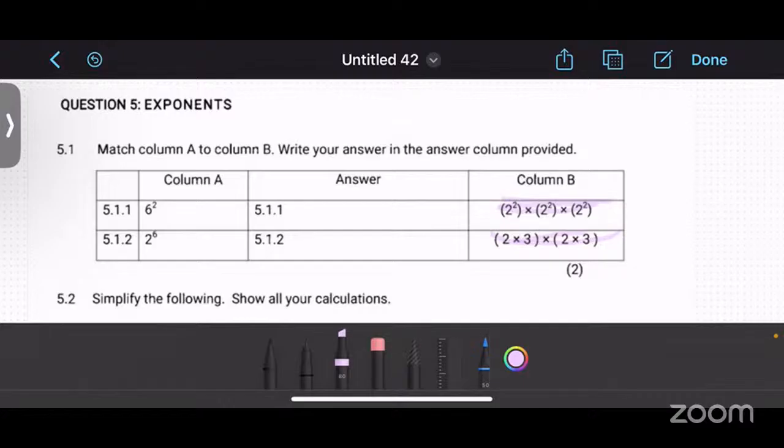Ma'am, for 6 to the power 2 is going to be open bracket 2 times 3 close bracket. Wait. Let me calculate. Okay. Anybody else while she's still calculating?